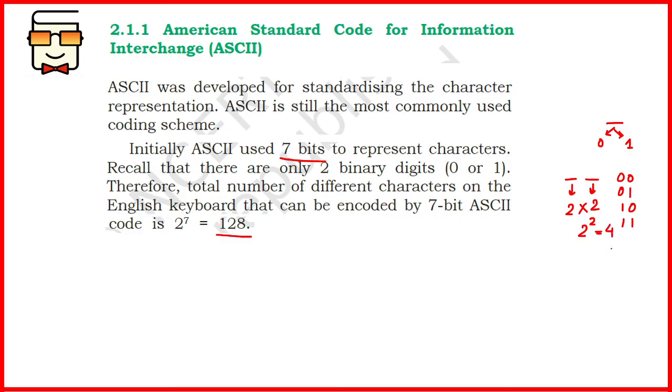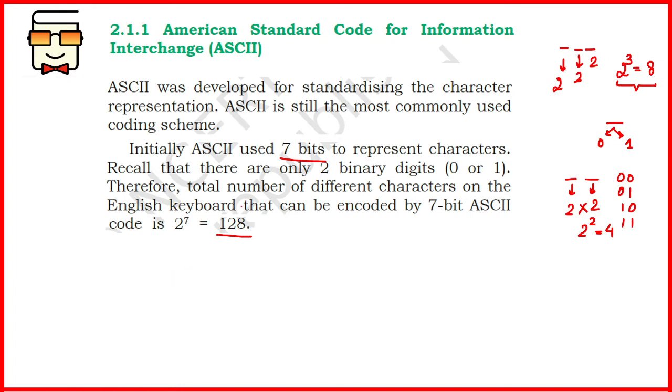You can go on, and when you say 3 digits, two choices for each, it takes 2 raised to power 3 equal to 8 combinations. That means you can represent 8 unique combinations using 3 binary digits.